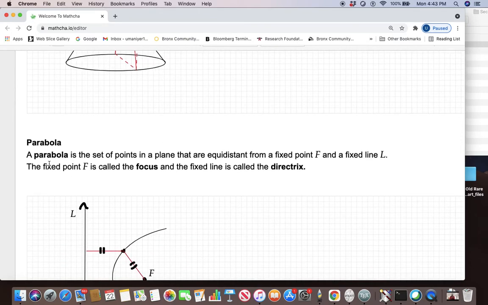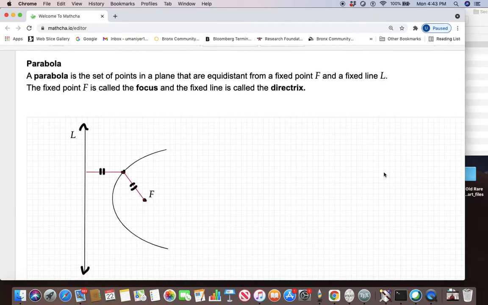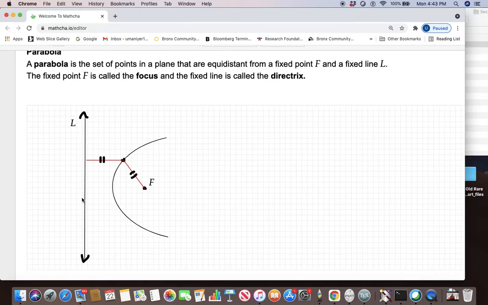First, parabola. A parabola is the set of points in a plane that are equidistant from a fixed point F and a fixed line L. The fixed point F is called the focus and the fixed line is called the directrix. So this is your directrix, this is your fixed point.